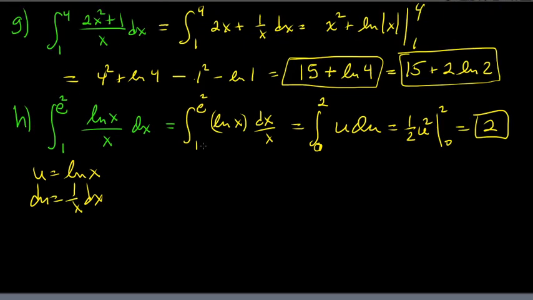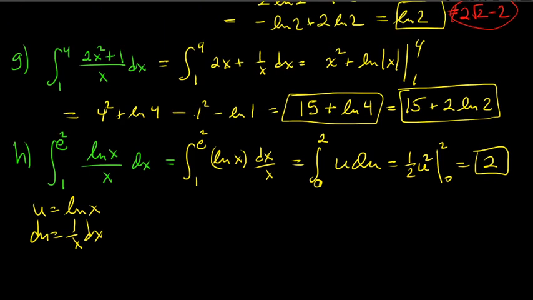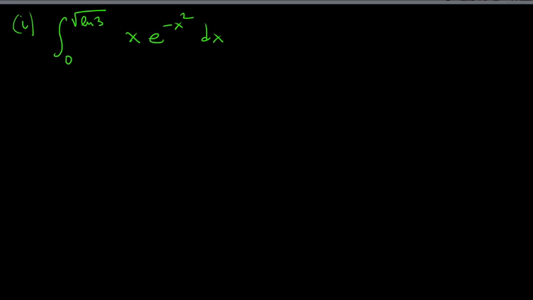Okay. I'm out of space, so I'm going to start over. Okay, so part I, here's the integral. There's no product rule, so it's got to be a substitution, and u is probably going to be the exponent, right? So let u be negative x squared, and the derivative is negative 2x dx.